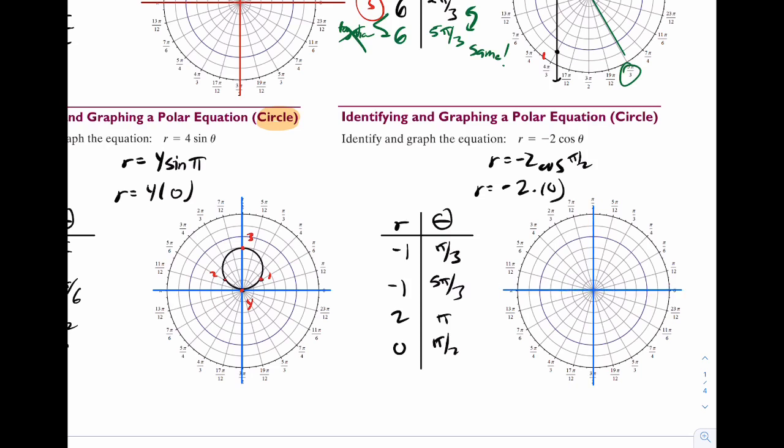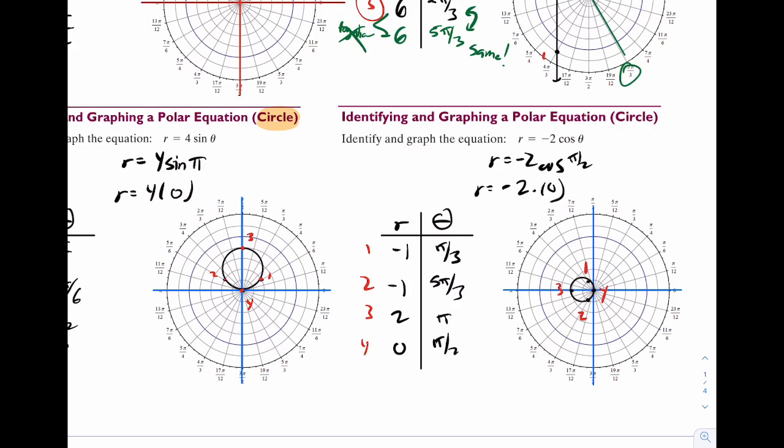For circles, I do find it very helpful to do this, because now when I put the point pi over 3, -1, that's right here. 5 pi over 3, -1, that's right here. 2, pi. 0, pi over 2. Now there's our circle right there. 1, 2, 3, 4. So there's our 1, there's our 2, 3, 4.